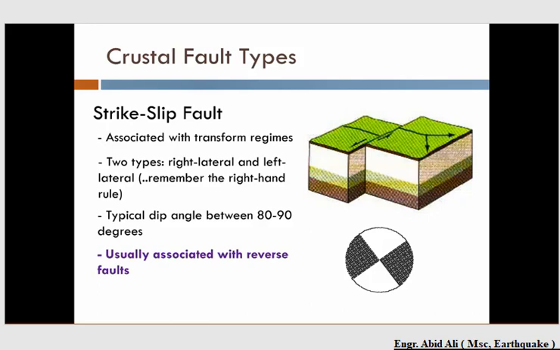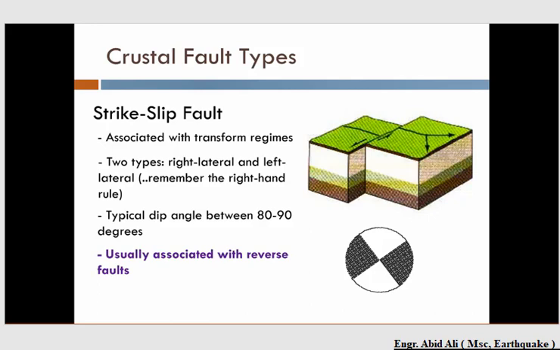The way to remember this is, imagine one person standing on one side of the fault and another person standing right across on the other side. Imagine those two persons are friends, and they reach across the fault and shake each other's right hand.